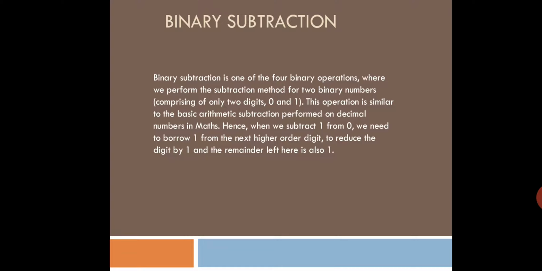Usually you do that, correct? If the number is small, instead of going for minus values, you usually borrow the number from the left-hand side. The same concept is applied here also. There is nothing big, but how exactly we are going to do it, we will see in the next slide.